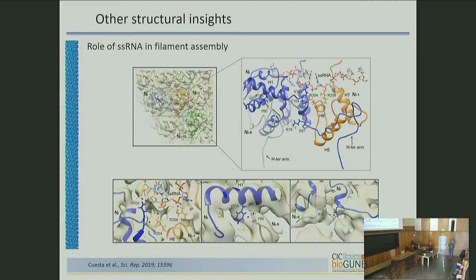Between them you can also see the detail here. For instance, this arginine makes a kind of tertiary interaction with the RNA and with the neighboring subunit. So the point is that, missing the interaction with RNA, they don't properly lock both the N-terminal arm that is going to bridge between subunits and the acceptor region in the neighbor subunit. You need both of them.